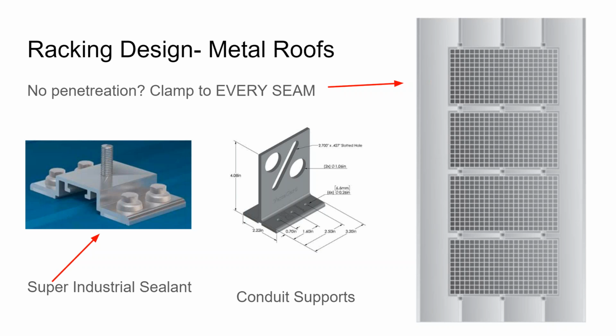Now, most installers don't want to do that because you're spending more money on your clipping system, and it means there's really no advantage of using rail, and doing a railless system is harder to install than a rail-based system. And you're not saving any money because you're buying so many more attachment points.